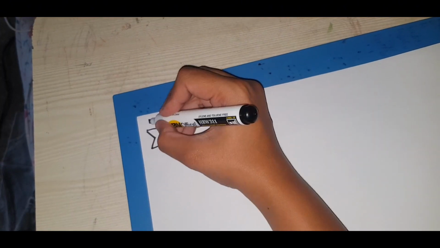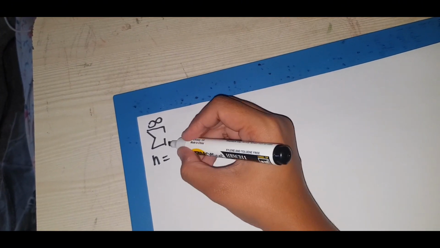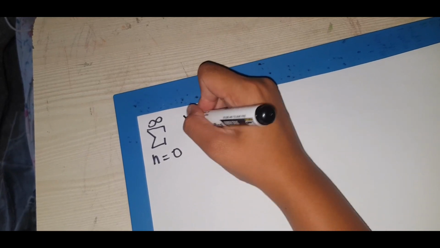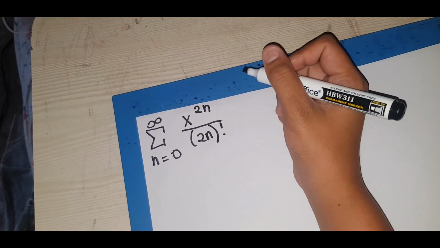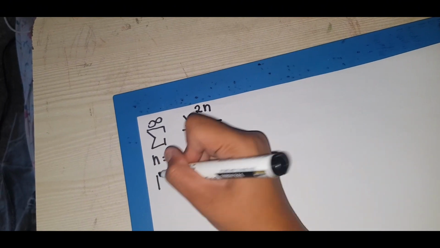The next example is the summation of n equals 0 to infinity of x raised to 2n over 2n factorial.